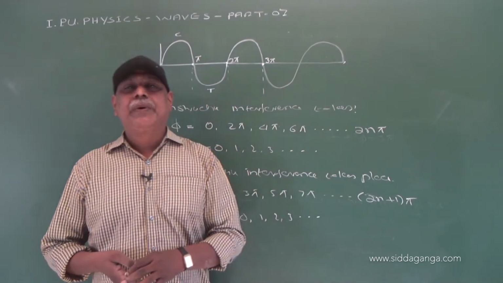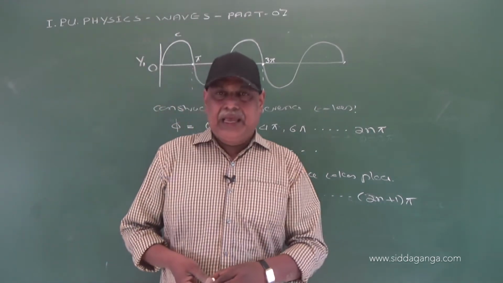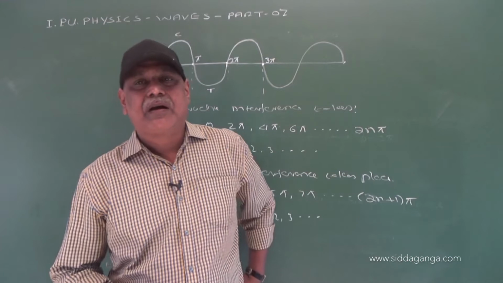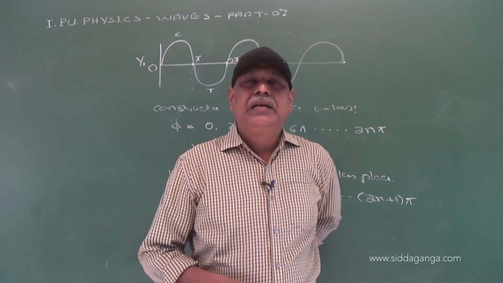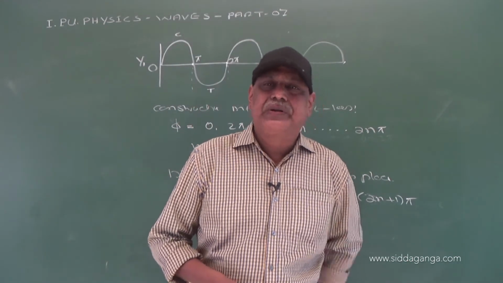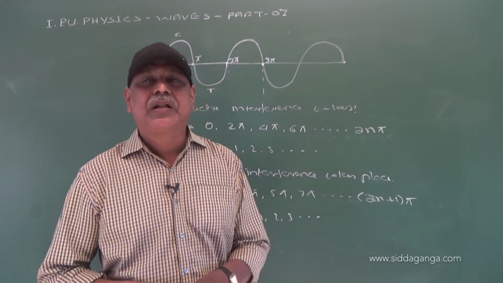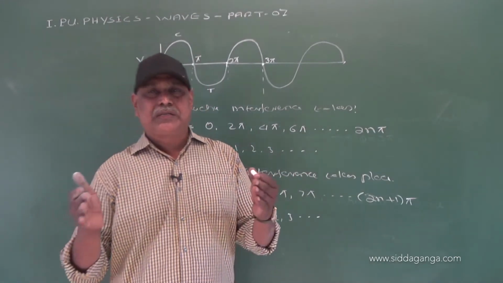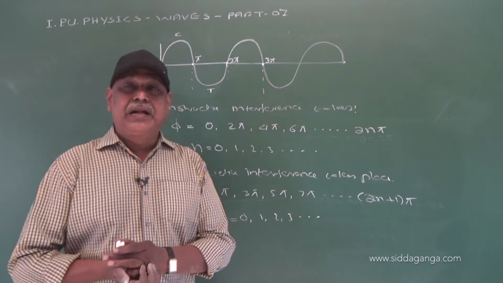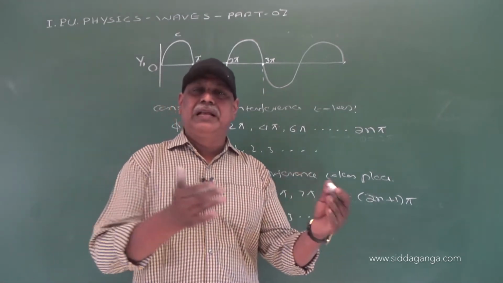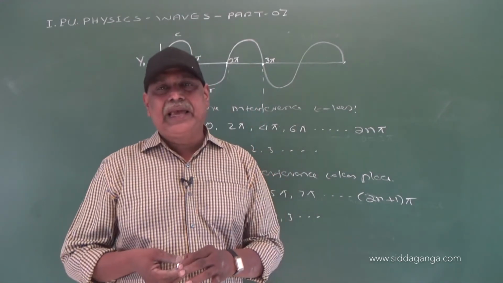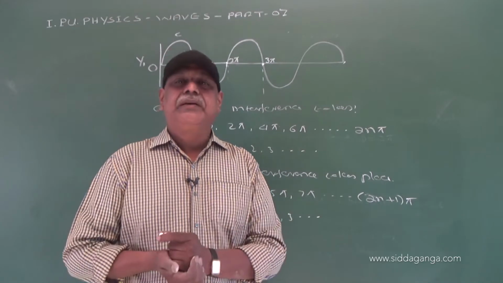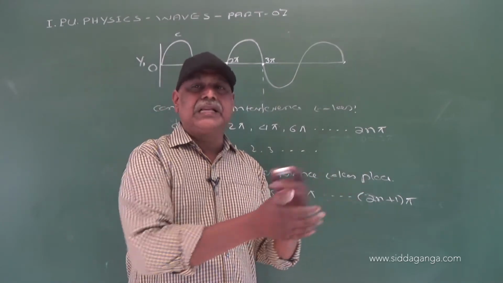Now, you might have heard a kind of music called beats. Beats is produced due to superposition of two sound waves of slightly different frequency traveling in the same direction. In that case, we don't hear the continuous sound.